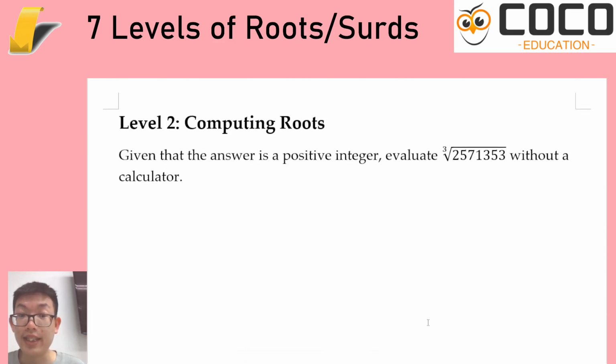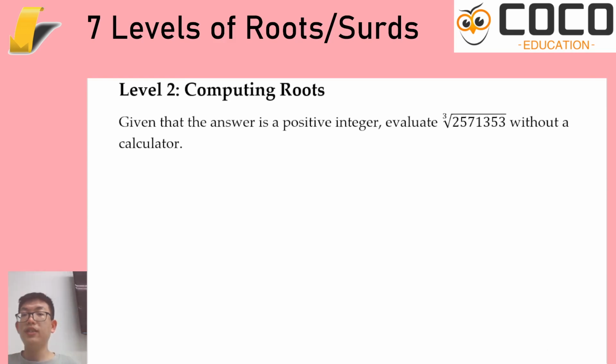Second question and second idea is computing roots. Now, usually we cannot compute roots. This is not a secret. This is just like trigo of non-special angles or logarithms. We are not calculators. But we are humans, and humans are smart enough to do some things without a calculator.